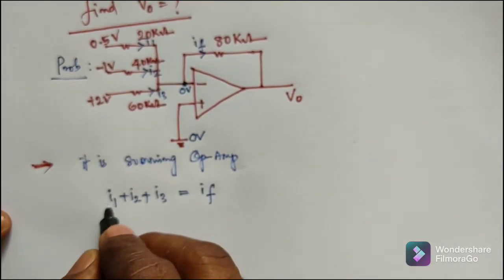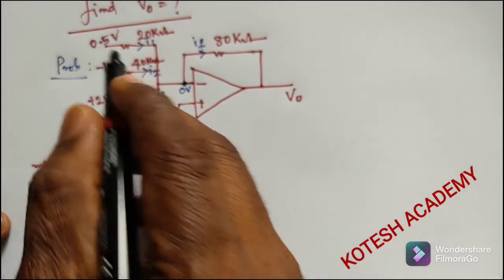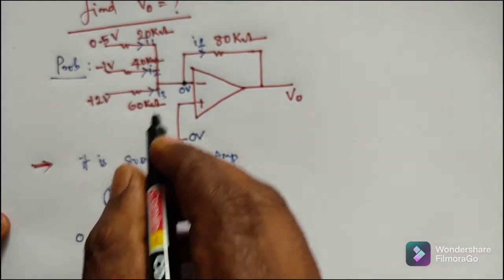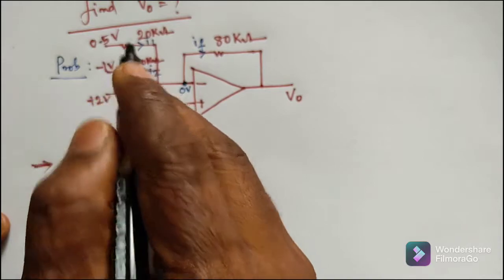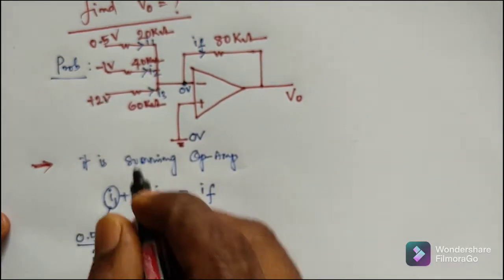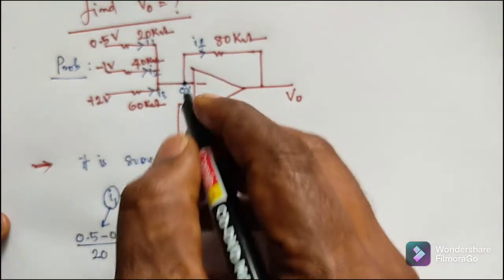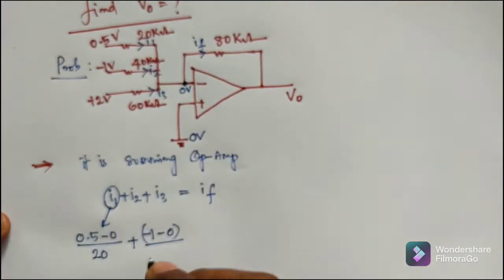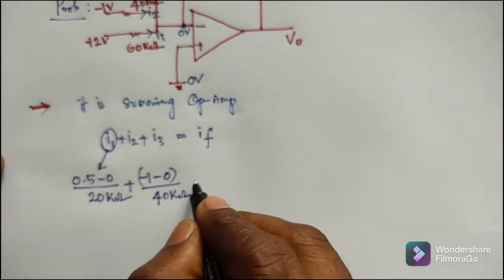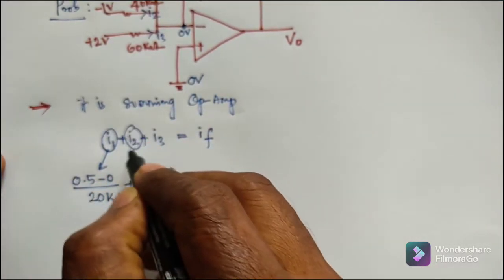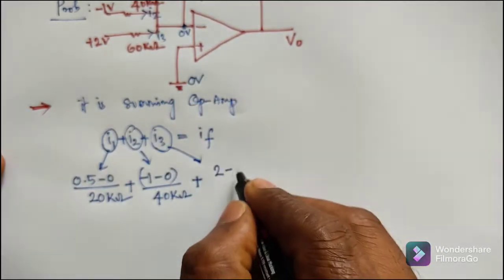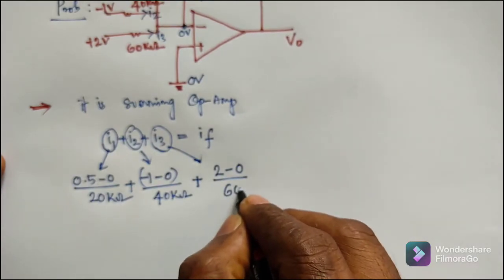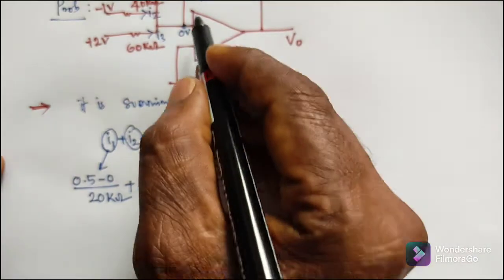I1 is the starting voltage 0.5 minus the ending voltage 0, divided by the resistor 20 kilo ohms, plus I2, starting voltage minus ending voltage by 40 kilo ohms, plus I3, which is 2 minus 0 by the resistance 60 kilo ohms, is equal to IF.